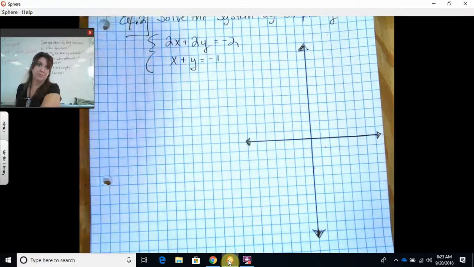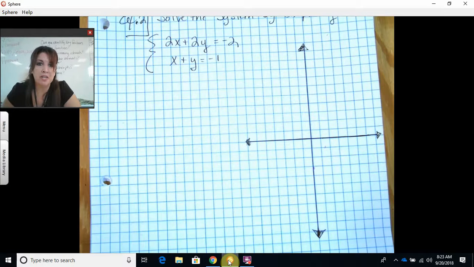Okay, these equations are both given to you in standard form. You can convert them both to slope-intercept form, or just find the x and the y intercept. It doesn't matter whichever you want to do.